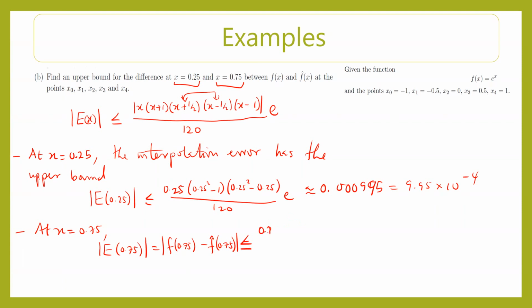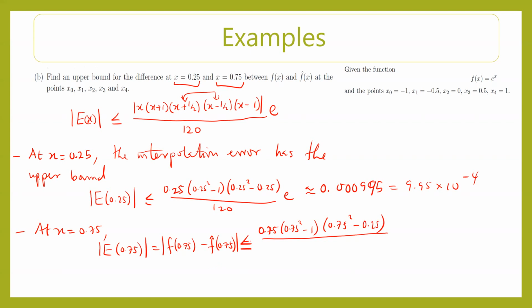So you have 0.75 times 0.75 squared minus 1, 0.75 squared minus 0.25, over this should be 0.25.